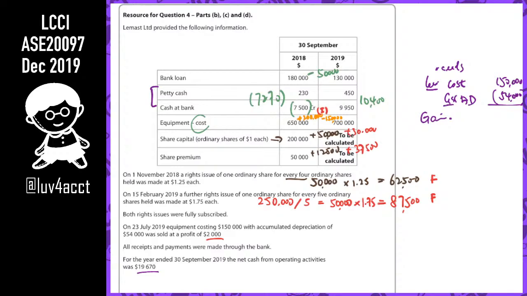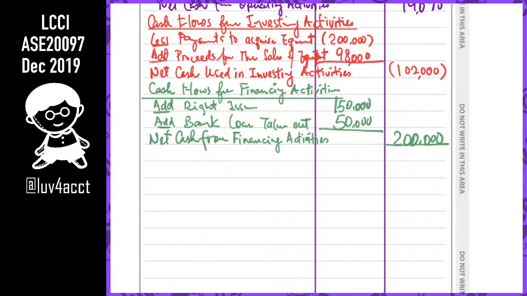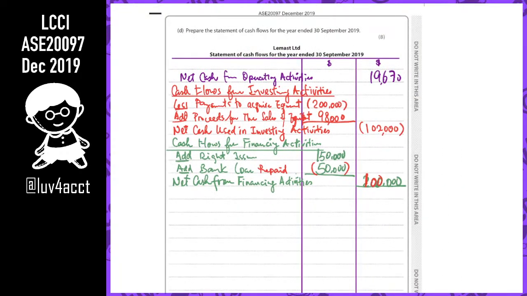This is a reduction, 180 to 130. So financing is negative, you repay part of the bank loan. So here, repayment of bank loan, 50,000 negative, that makes it 100,000. That is more reasonable. 19670 minus 102,000 plus 100,000.